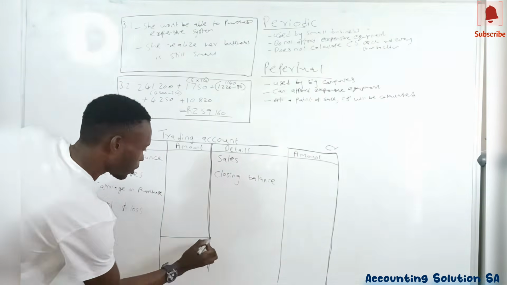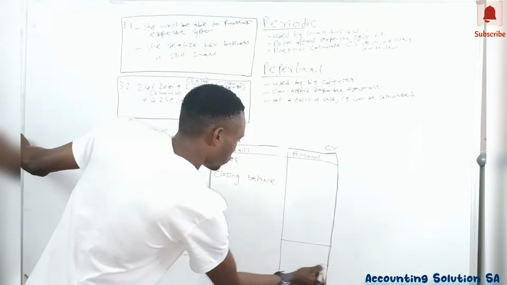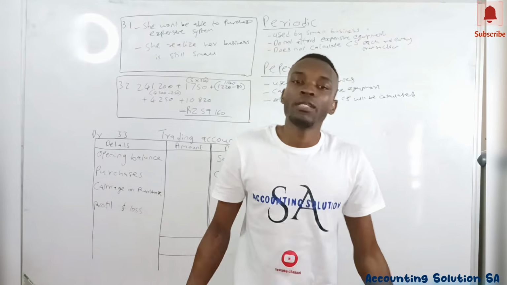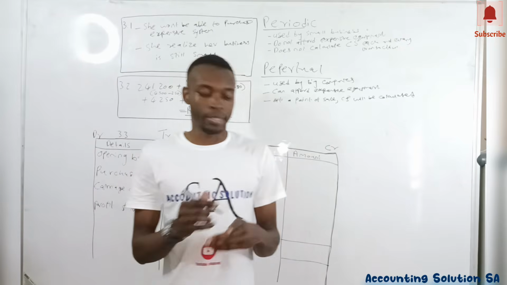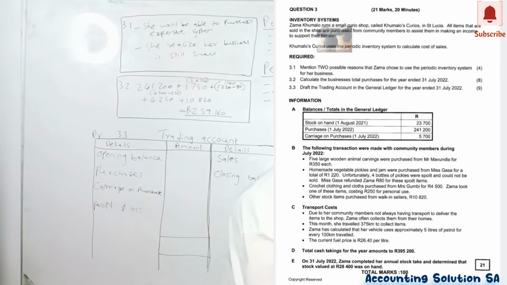Okay, then we're gonna do a total, because you know that when we deal with a ledger account, the debit side must always be the same as the credit side. Okay, now let's start with the opening balance.